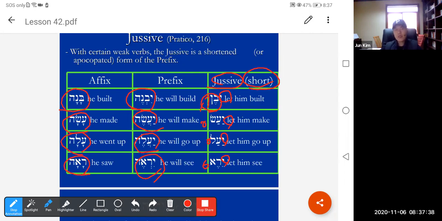The clear indicator that we can see from those examples is that shortening at the end of the verb is taking place. Can you see that? So you need to see the difference between the jussive form and the prefix form. As you can see, we must have the third hey at the end with a verb conjugation.